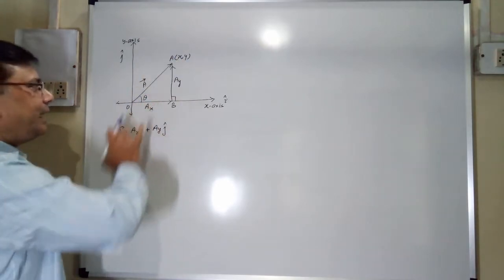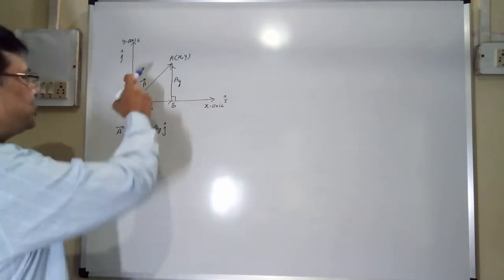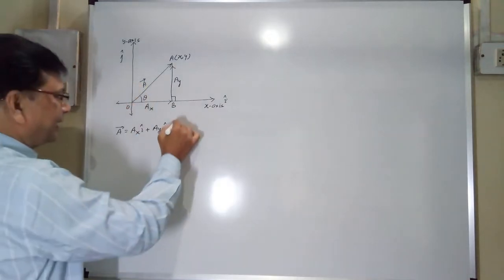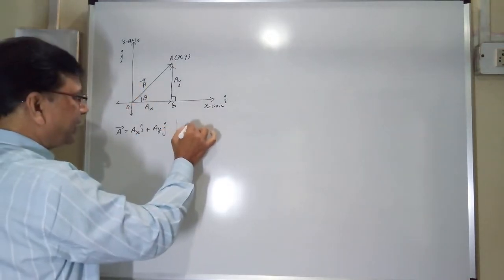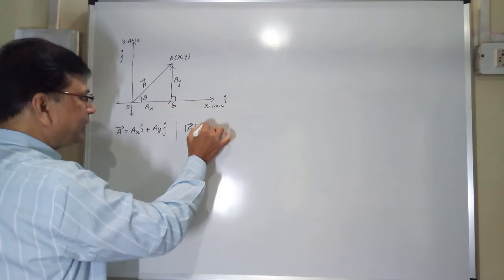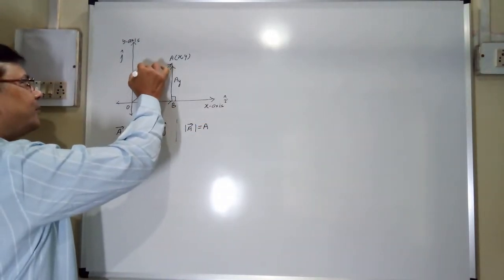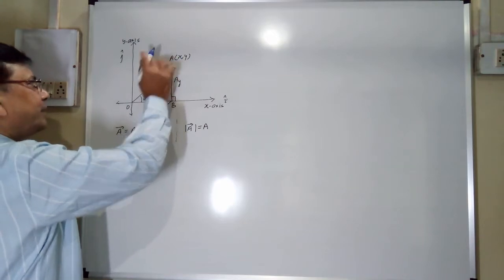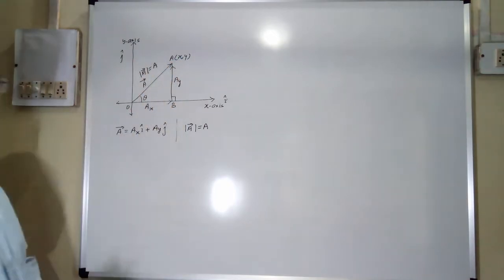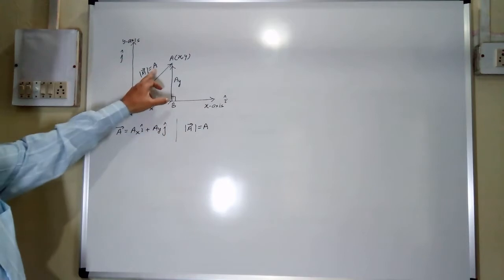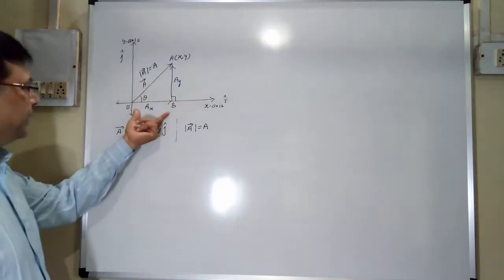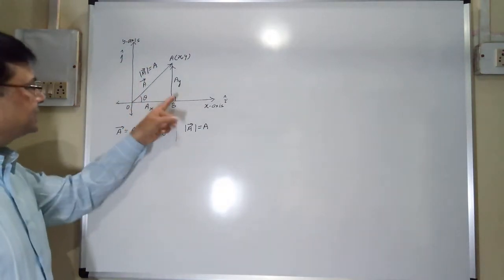We are taking only the magnitude of this vector A, so mod of A is equal to A. Means the length of the vector OA is capital A, OB is AX and BA is AY.